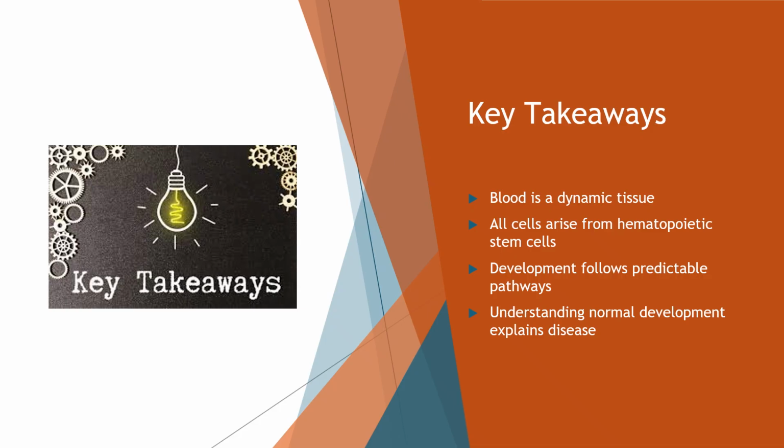Disease often represents interruption, acceleration, or distortion of those pathways. And finally, understanding normal development explains pathology. This is the foundation of everything you'll learn moving forward in hematology and histotechnology alike. If you remember nothing else from week 1, remember this: we don't diagnose abnormal until we truly understand normal. Week 1 is about building that baseline.